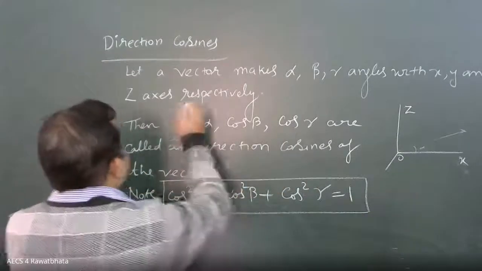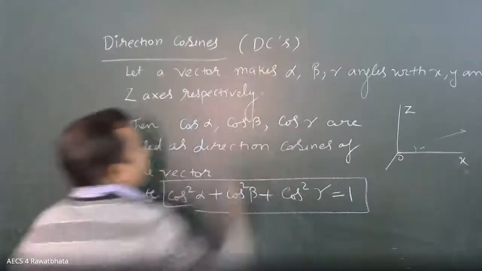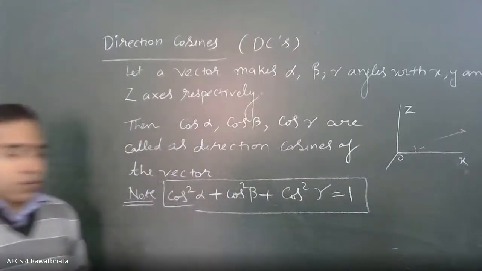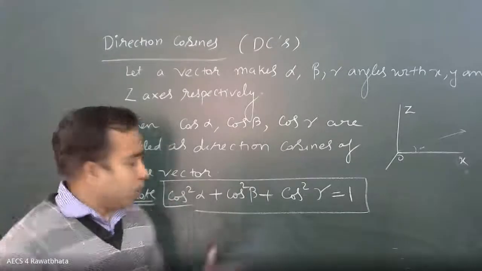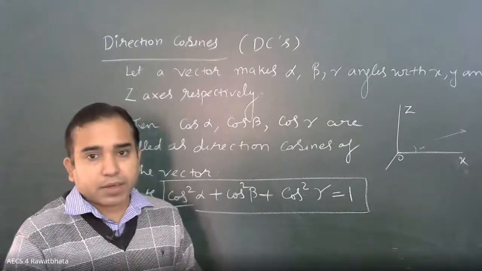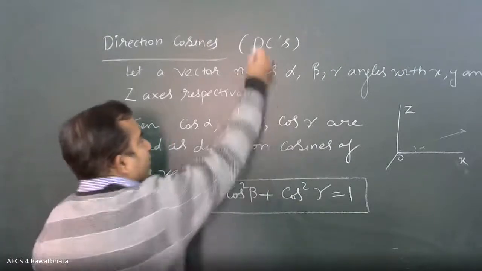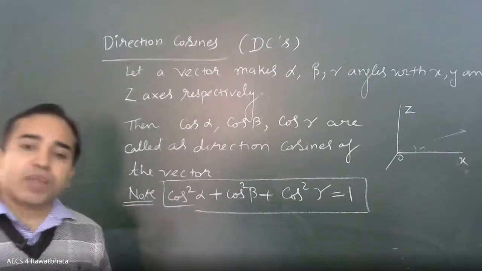And these direction cosines, in short we call them DCs also. So DCs are three numbers, and they have a relation among them: the sum of their squares is 1. And using this relation, you can check whether any three numbers are DCs of some vector or not.